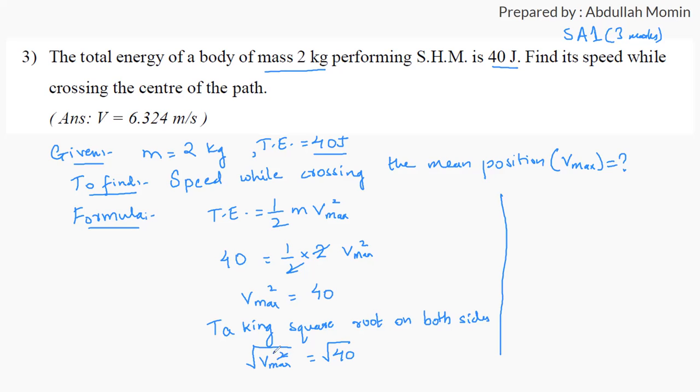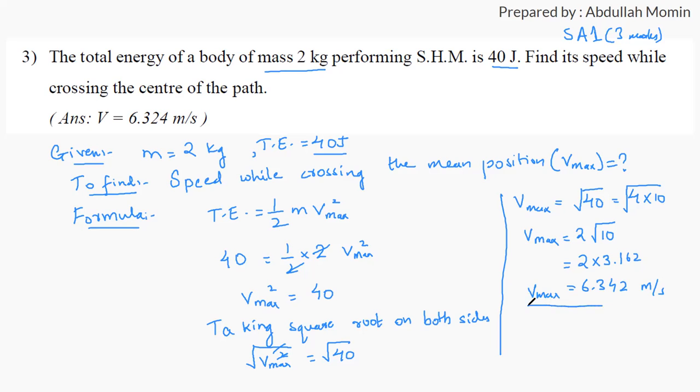So square and root get cancelled. V max is equal to root 40, means 4 into 10. 40 can be written as 4 into 10, and the root of 4 is 2. So V max is equal to 2 into root 10, and the value of root 10 is 3.162. So we will get the answer 6.342 meter per second. So this is V max.